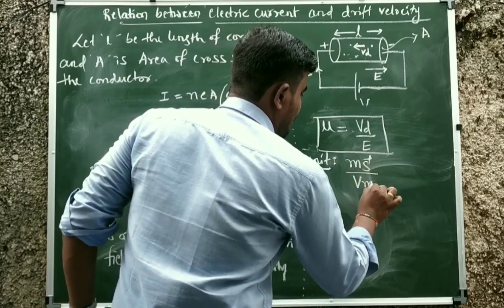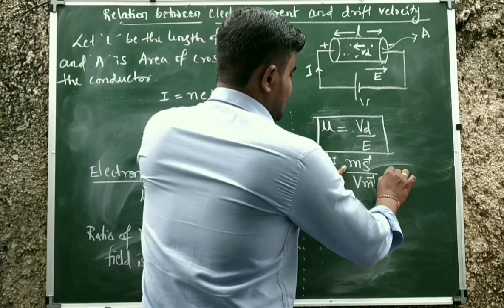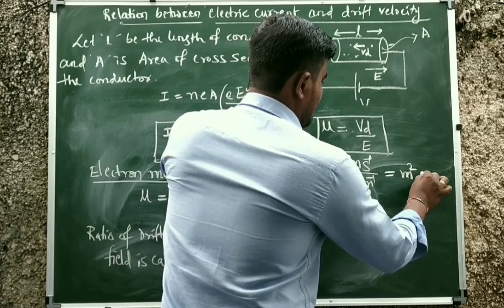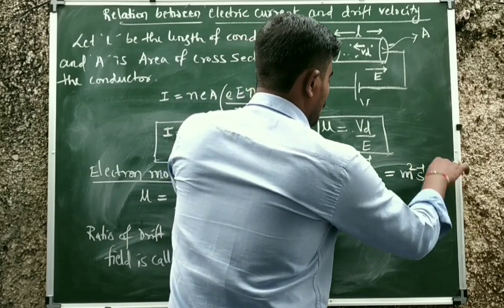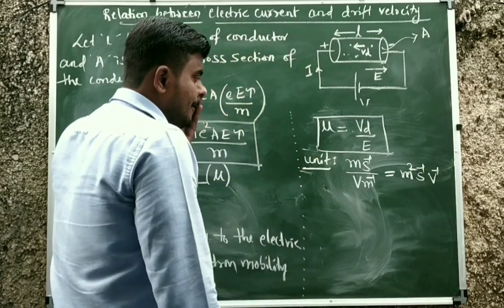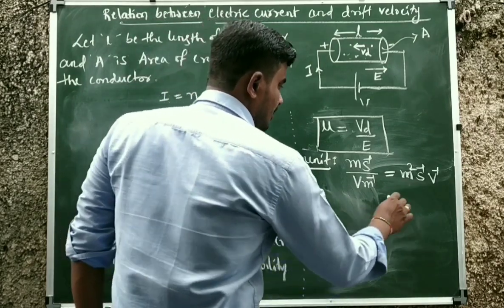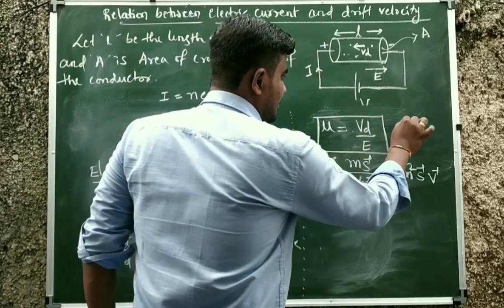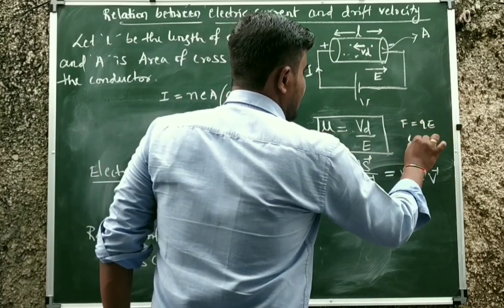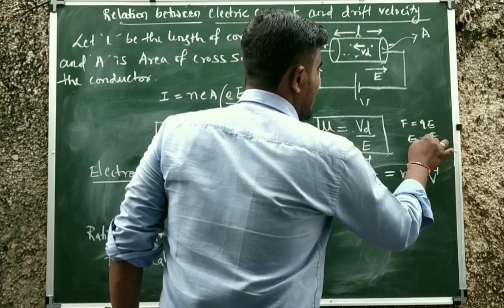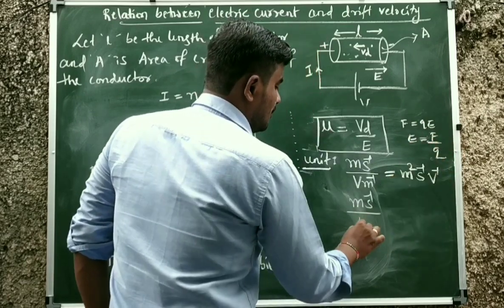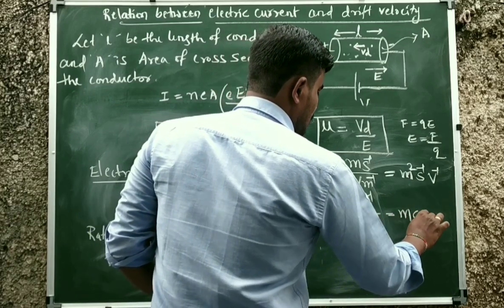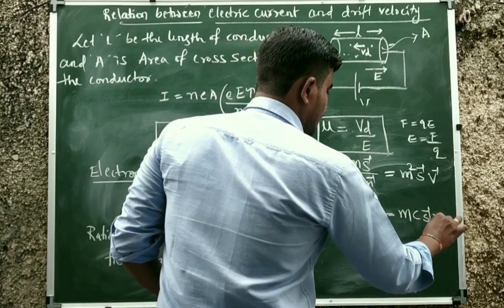So the unit is meter per second per volt per meter, or meter square per second per volt. Another unit: electric field, F is equal to qE, and E is equal to F divided by q, where F is in Newton and q is in coulomb, so Newton per coulomb. Therefore, I can write it as meter coulomb per second per Newton.